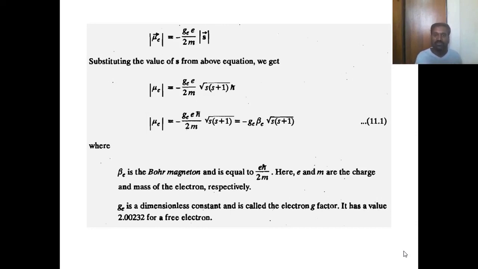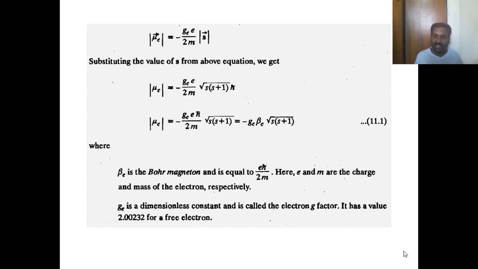What is g_e? g_e is a dimensionless constant, which is called the electron g factor, and its value for a free electron is 2.00232. In fact, the catch is here. The g value for a free electron also means there are differing values of g for electrons in different environments.